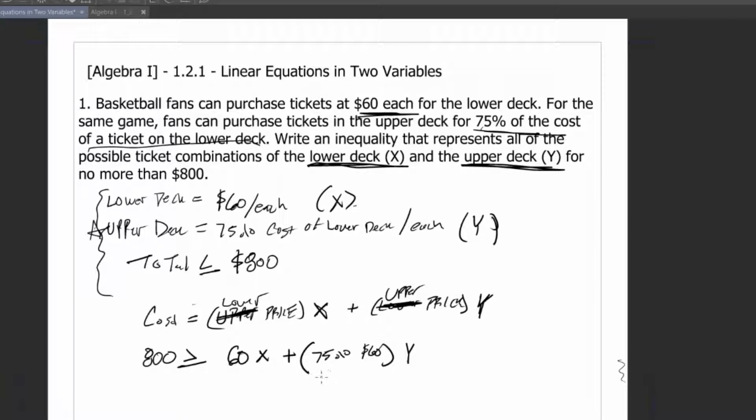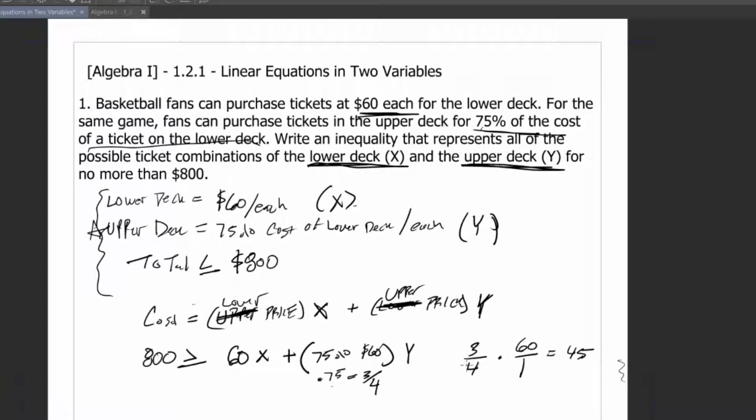Now, what is 75%, right? You can call that 0.75, as in 100% would be 1. 0.75 is the same as 3 over 4, right? Now let's multiply this out. 3 over 4 times 60 over 1, right? So we know this is going to be 45.